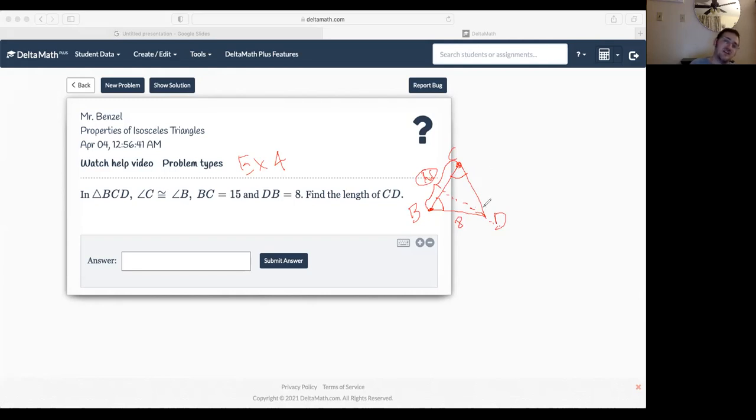Now, this is why I like the line of symmetry. What occurs on one side must occur on the other side. Because we have 8 on one side of the line of symmetry, the side on the other side of the line of symmetry also has to be the same. So we get that CD is equal to 8.